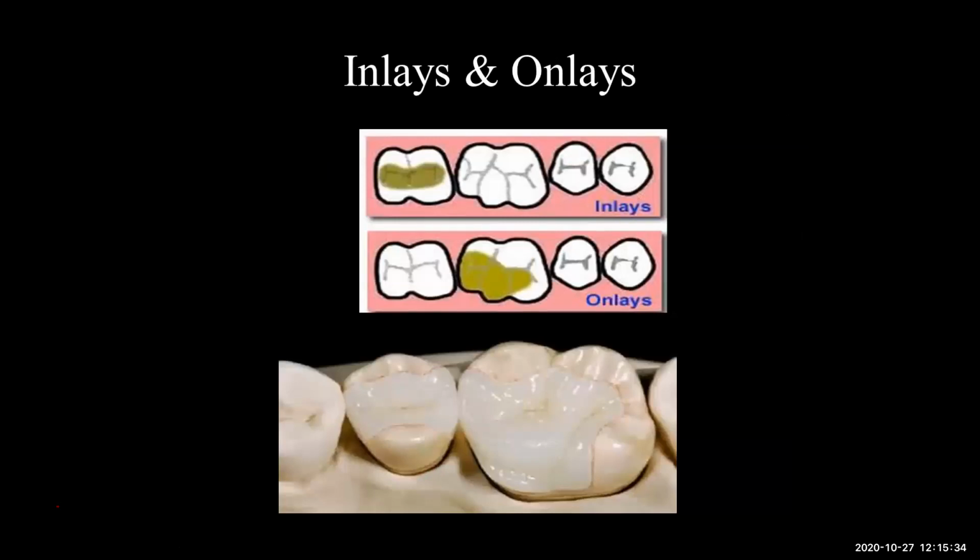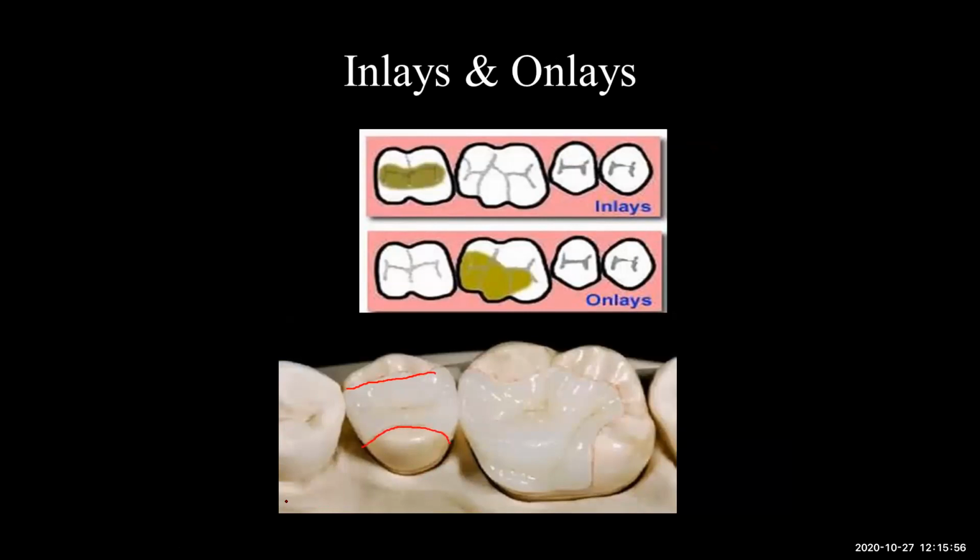Onlay versus inlay. An inlay is something that is held within the tooth, and an onlay is something that takes over a cusp tip. So this is an inlay here, a porcelain inlay.